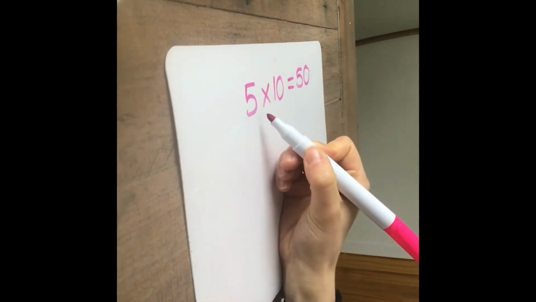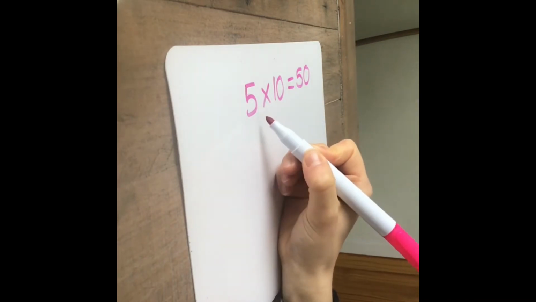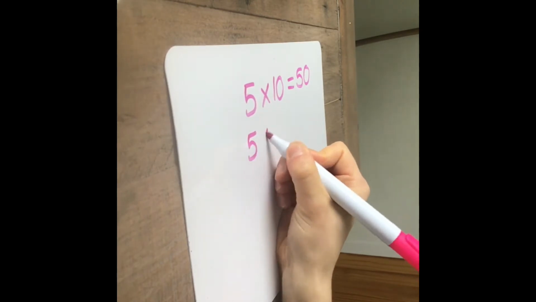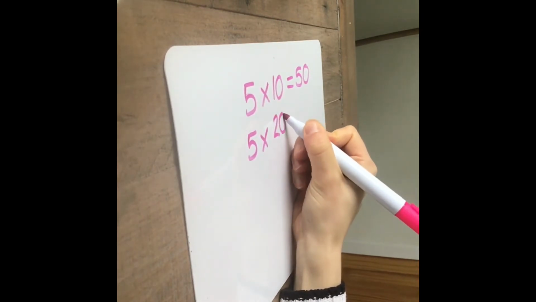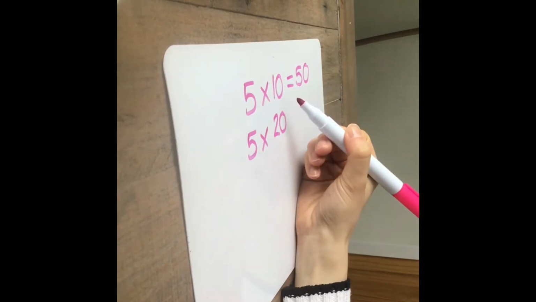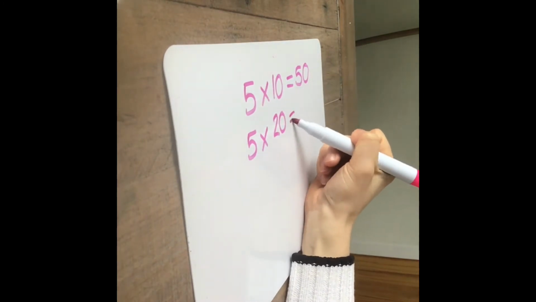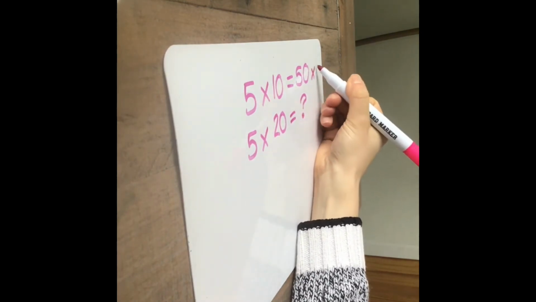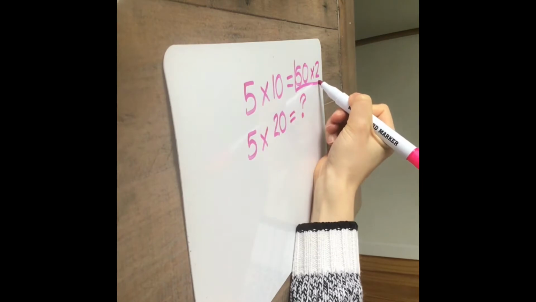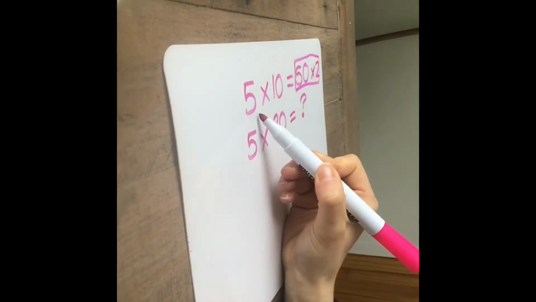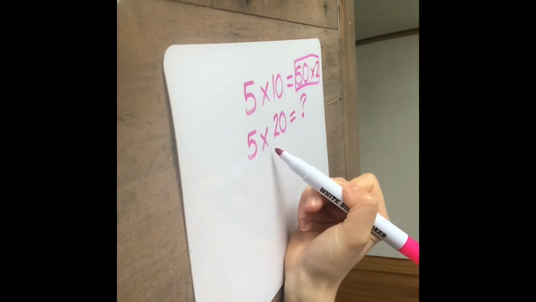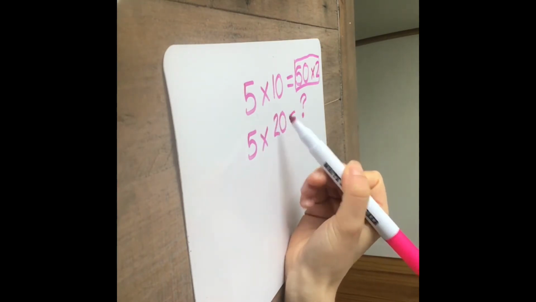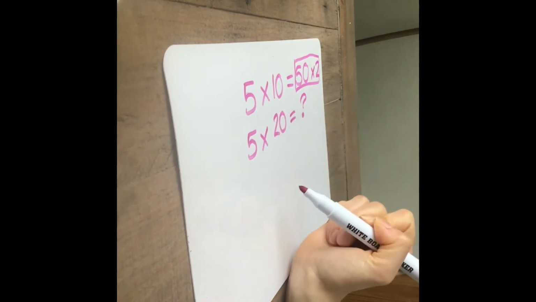Because it's 5 lots of 10, or 10 lots of 5. But let's say we wanted to work out 5 times 20. Well, we know that this answer is going to be 2 times the amount of our answer to 5 times 10, because we're now multiplying it by 2 tens, not just 1. So it's going to be 2 times that amount.